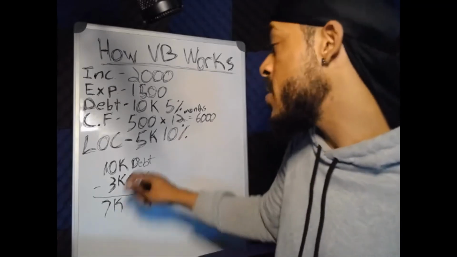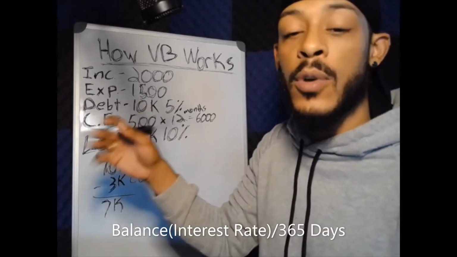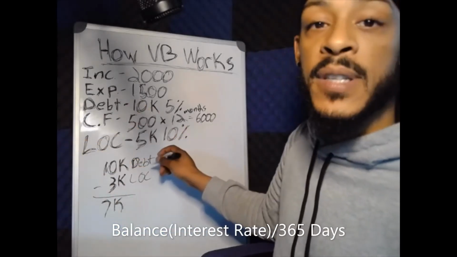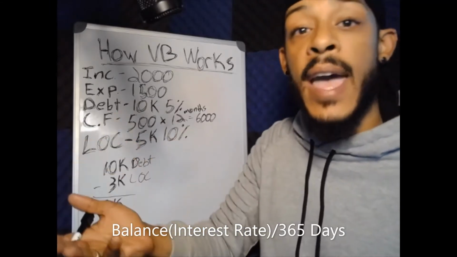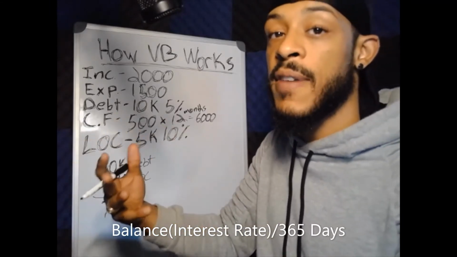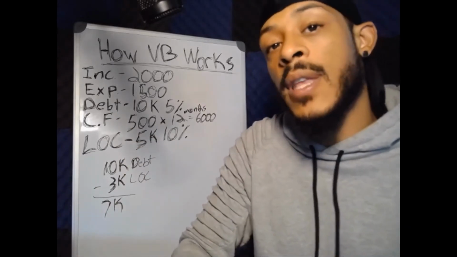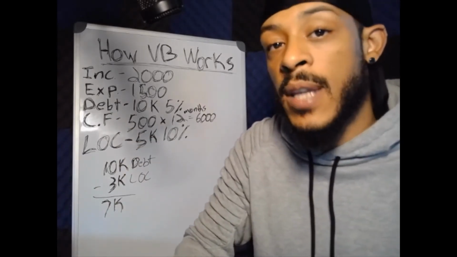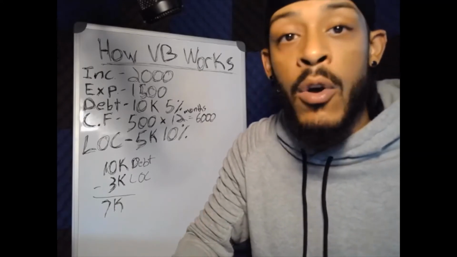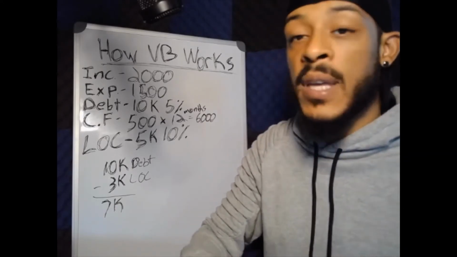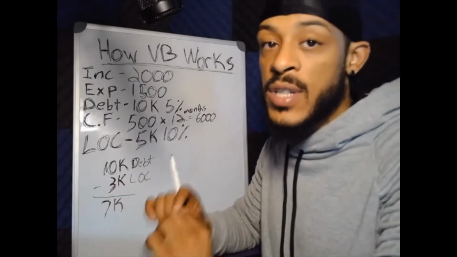What you would do is you take the 3,000, you multiply it by 10%, then you divide that answer by 365. Why? Because lines of credit are calculated with simple interest, meaning daily interest. You'll hear periodic or variable. That means every single day you are being charged interest.